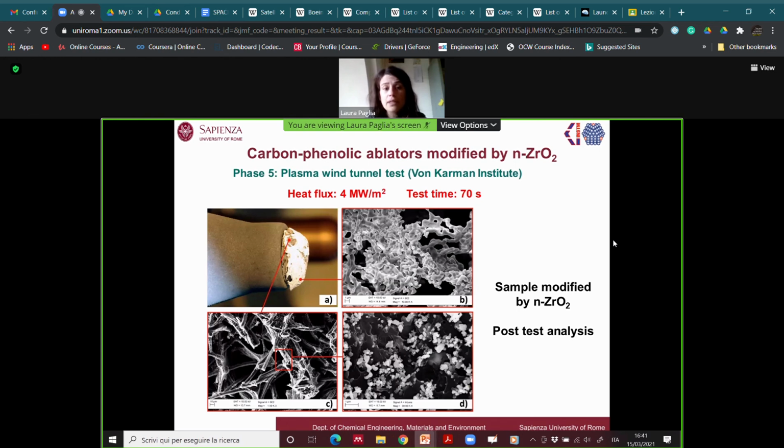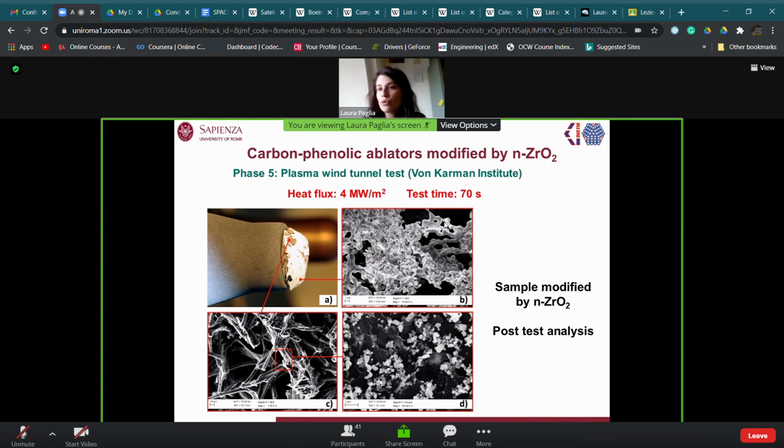And nanoparticles in this case can protect the fibers from further decomposition. So this is a very interesting phenomenon which could take place when I add nanoparticles to this kind of materials.